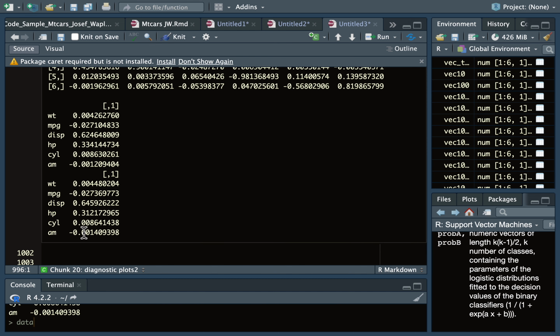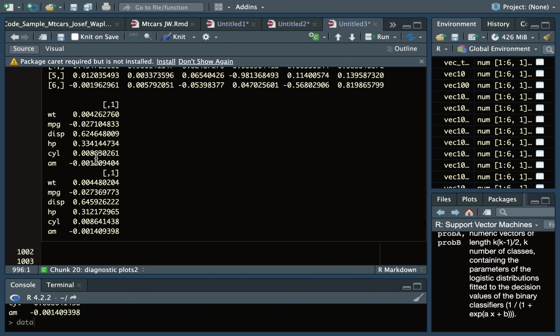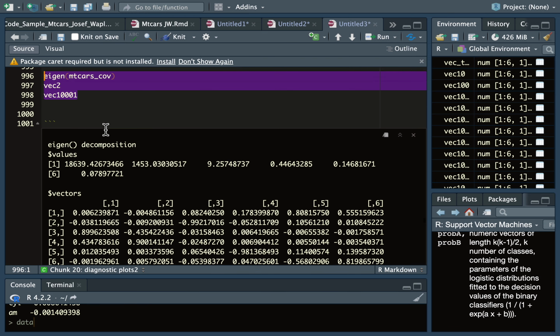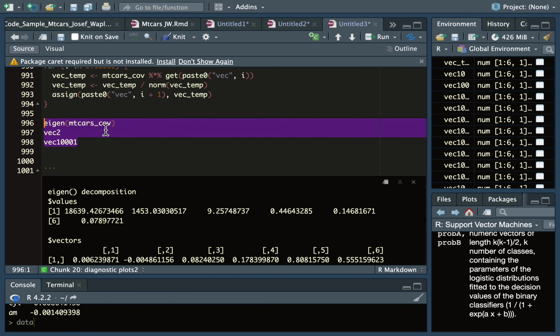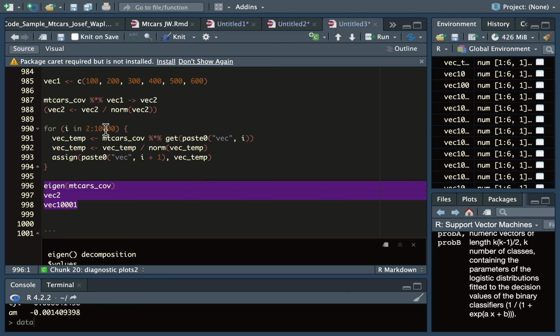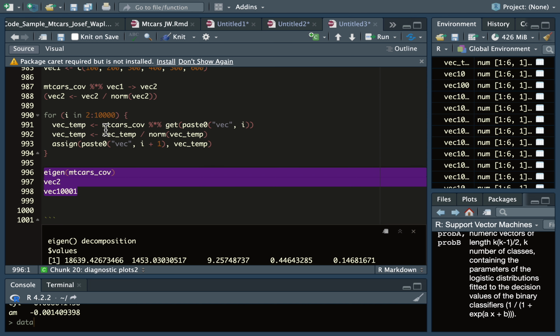But my 10,000th iteration is actually closer to the first eigenvector than the second vector is. So this works in the limit. As you iterate it over and over again, the vectors drift towards a particular direction.